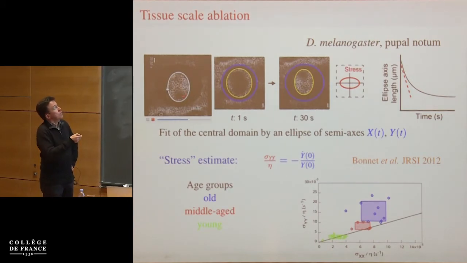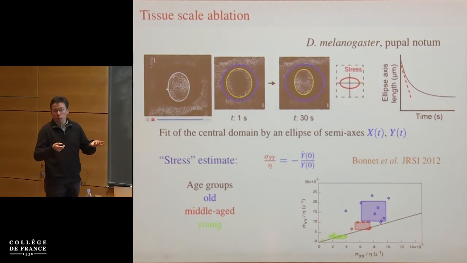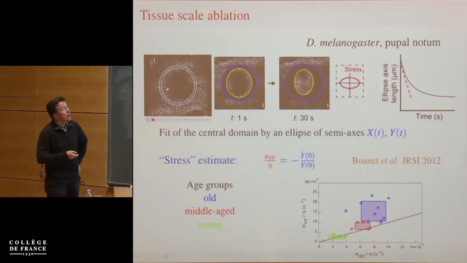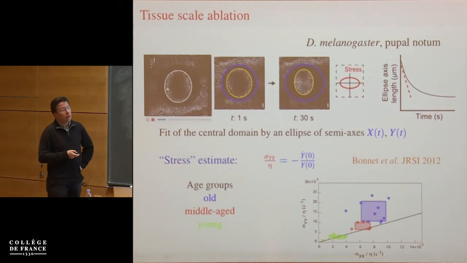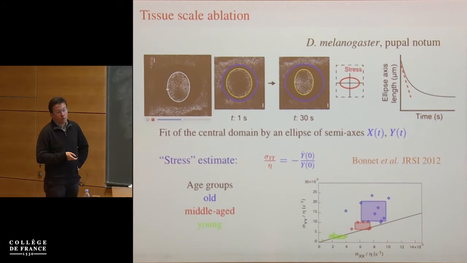So this is much more interesting in order to assess the stress properties at the scale of the tissue. The drawback is the same as previously, in the sense that what is measured is not directly a force or a stress. It's a kinematic quantity, a velocity, and what we obtain is the ratio of stress over viscosity.